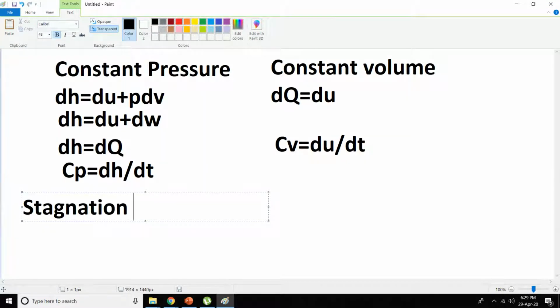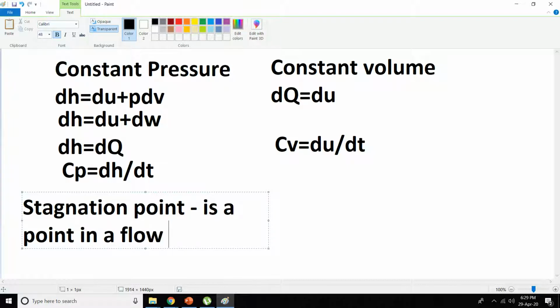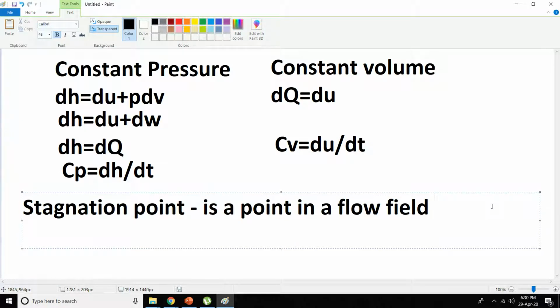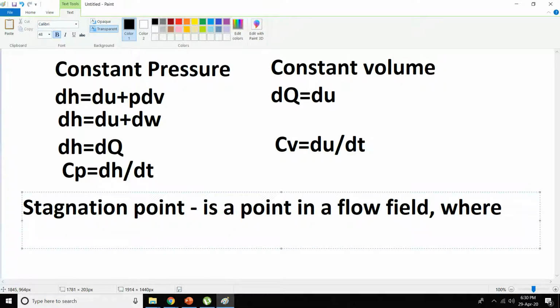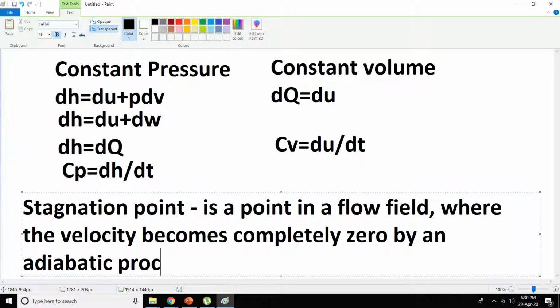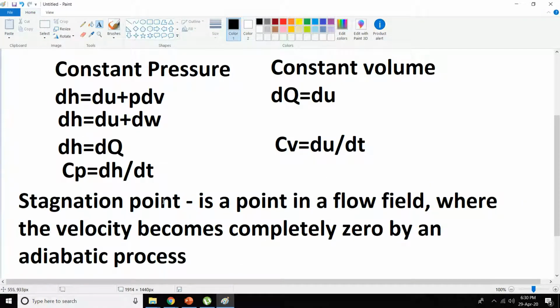Stagnation point is a point in a flow field, as in something where a fluid is moving, where the velocity becomes completely zero by an adiabatic process.